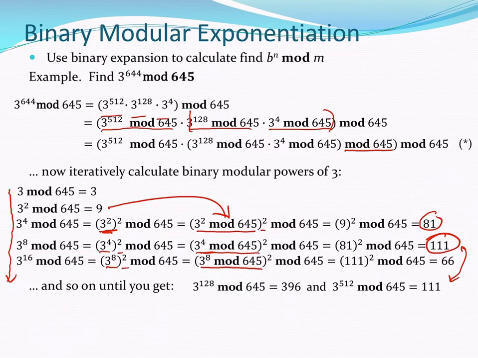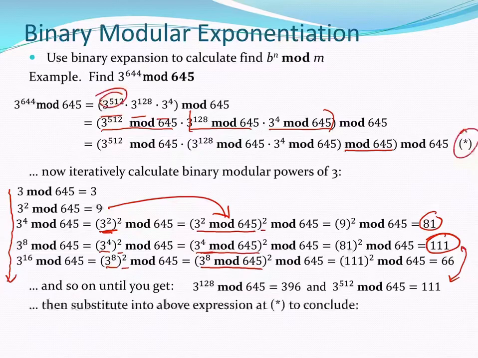We don't need to go higher than 512 because that is our largest exponent in the 3 to the 644 representation. Now I can substitute in all of these values to get 3 to the 644 mod 645 is 36. And that is an example of binary modular exponentiation.